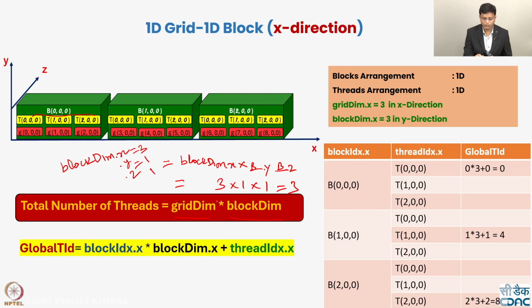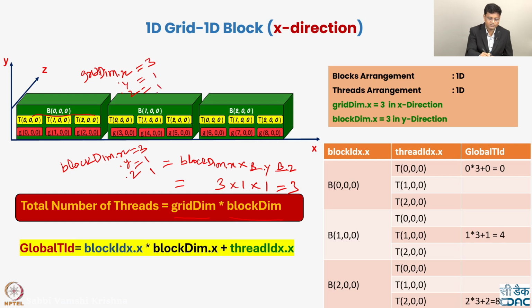So, now we have to calculate the grid dimension. For the grid dimension you have the values gridDim.x, .y and .z. In the x direction there are 3 blocks, and in the y and z directions there are no blocks, so by default the value is 1.